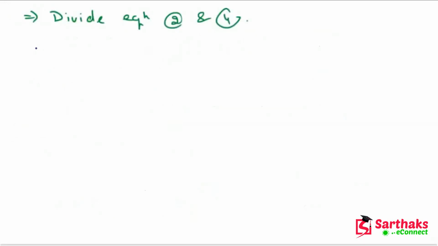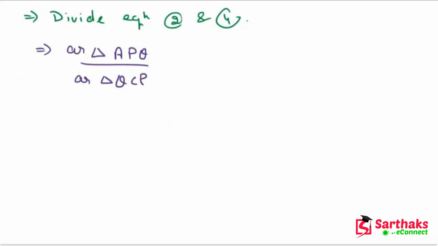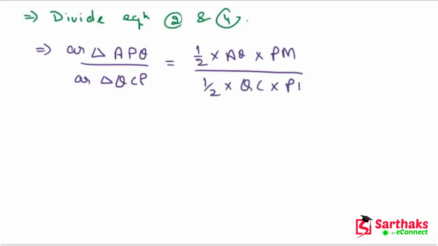So this becomes the area of triangle APQ upon the area of triangle PQC, which is equal to half into AQ into PM divided by half into QC into PM.